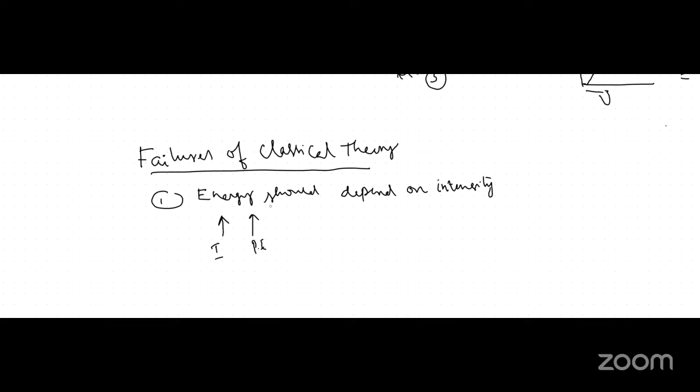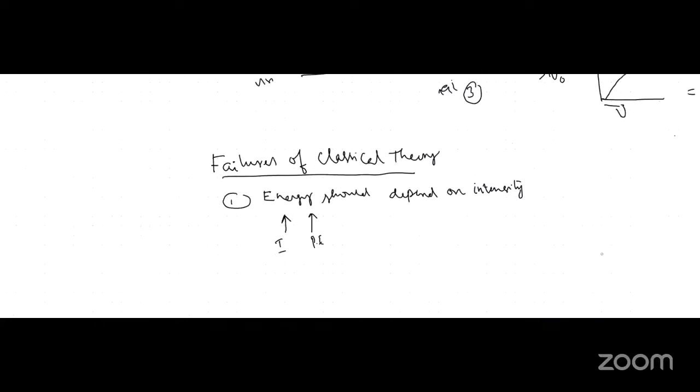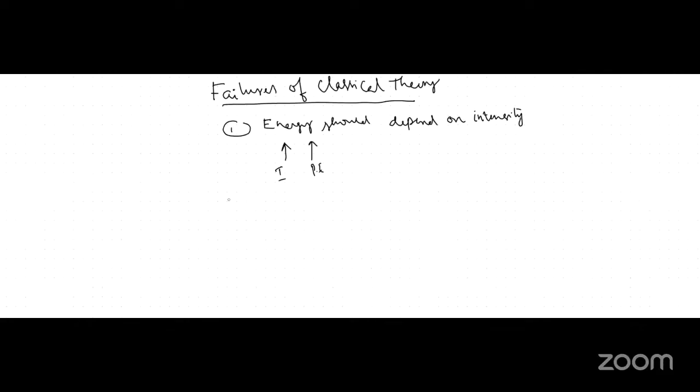In this case, classical theory fails to explain the second point, which is the threshold frequency. Classical theory says there is no threshold frequency, so any frequency should work if the intensity is high enough.